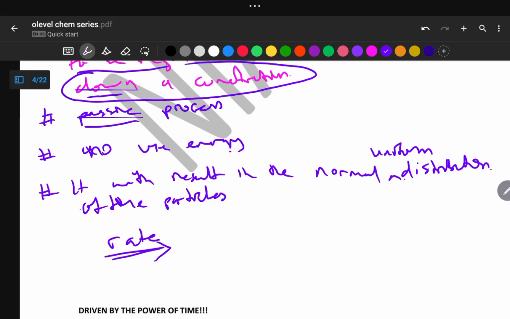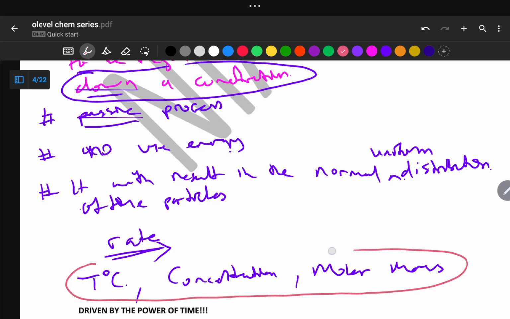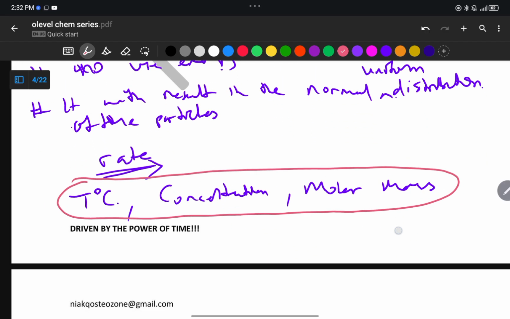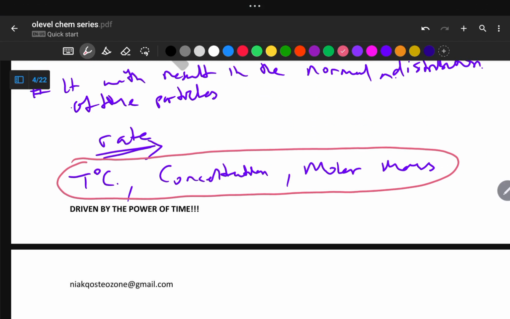The rate of diffusion is governed by temperature, concentration of the particles, and what we call the molar mass. These are the three factors which govern the rate of diffusion.